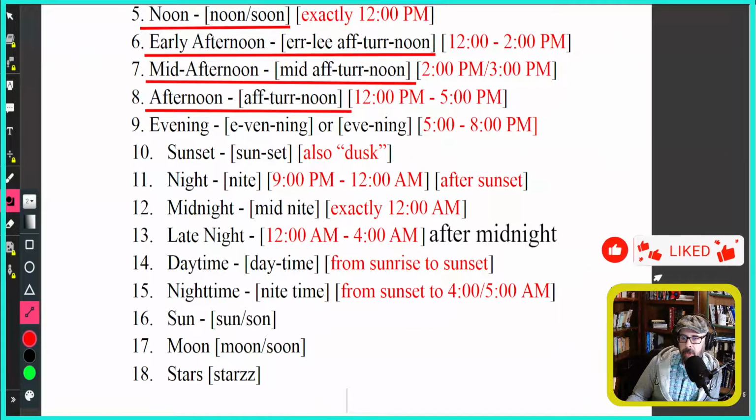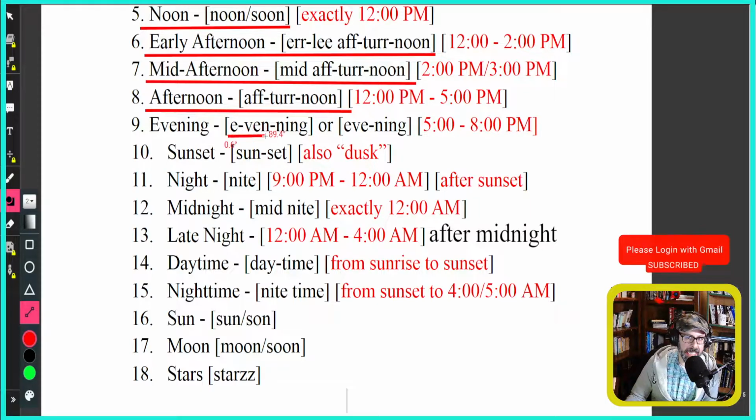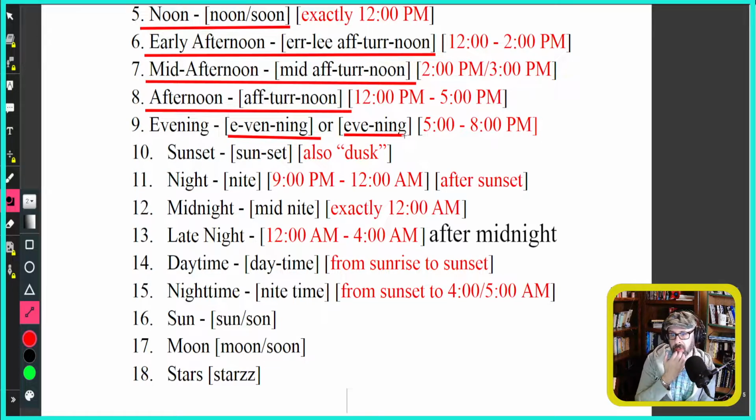We see 3 sounds: evening. Or we see 2 syllables: evening. So number 9, evening.